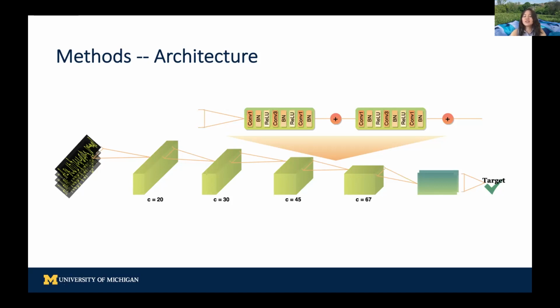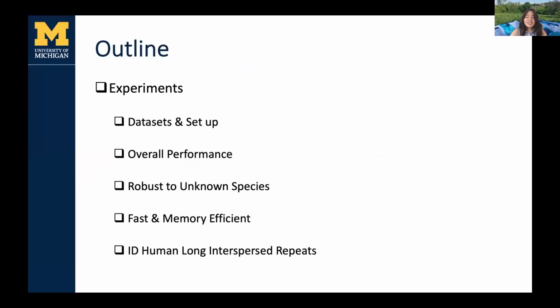Also, recurrent neural network-based models usually take a long time to train and are hard to parallelize. We conducted a series of experiments to demonstrate the high performance of our model, the robustness to detect unknown species, the fast speed, the efficient memory usage, and the wide range of potential applications.